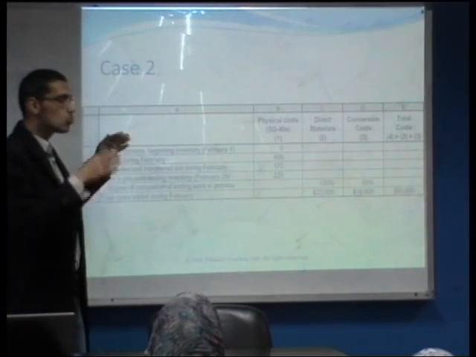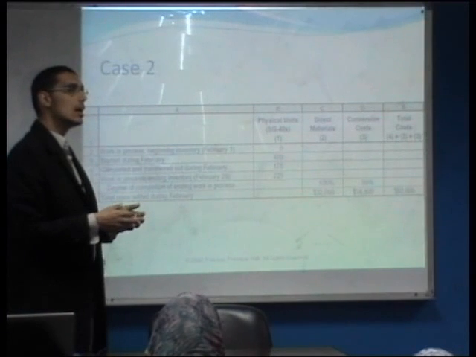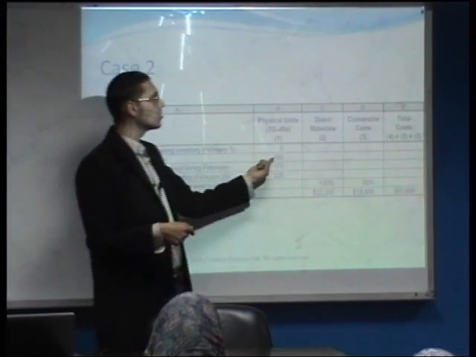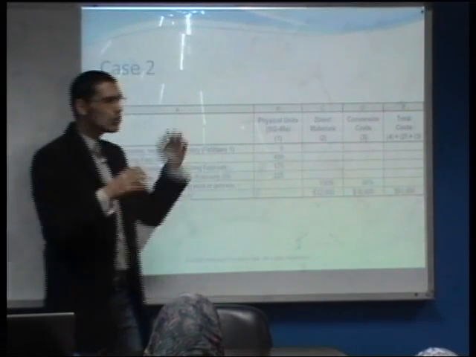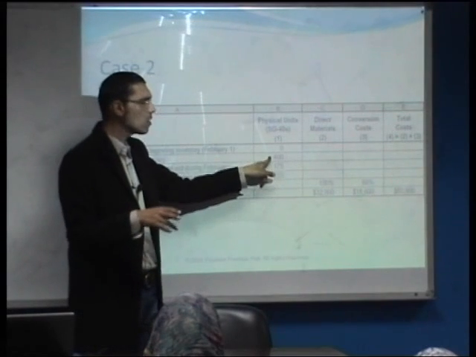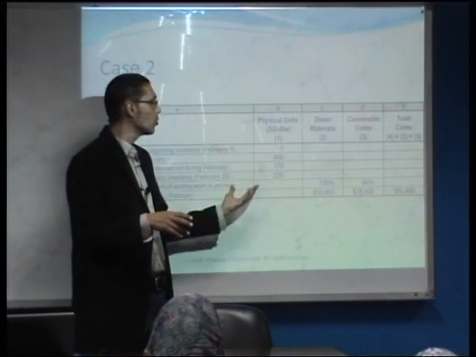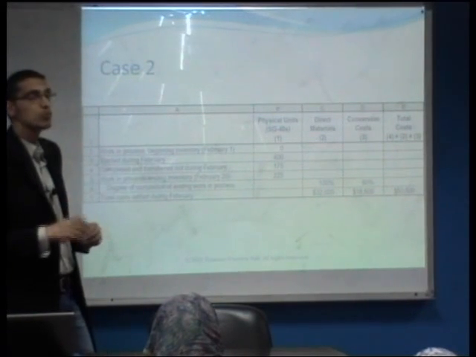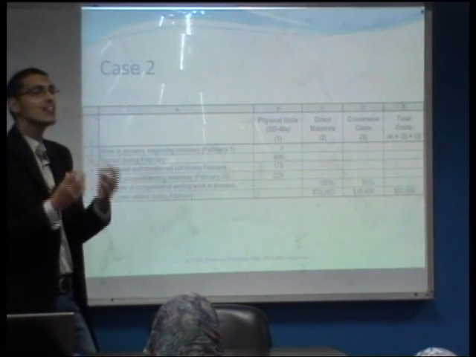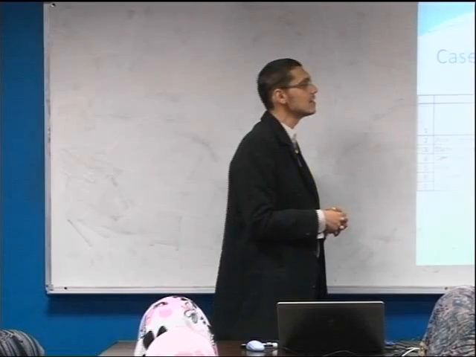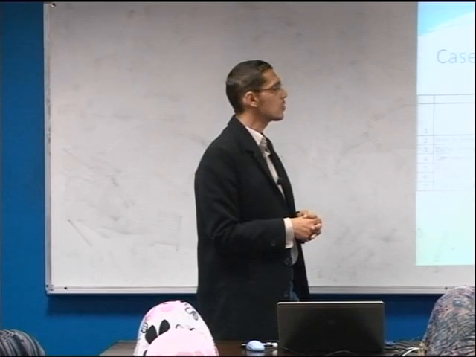The units that were started in the manufacturing process in February were 400 units. And we completed 175 of the 400 units. Therefore, we would have an ending work in process of 225 unfinished units at the end of February 2012.